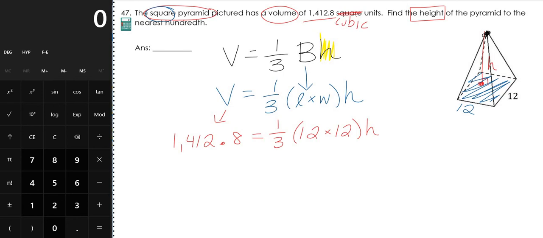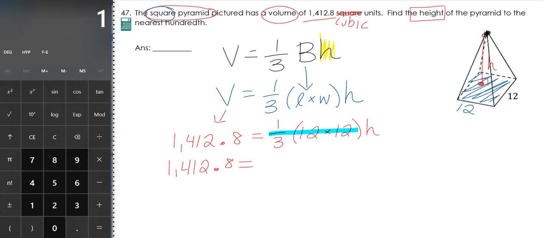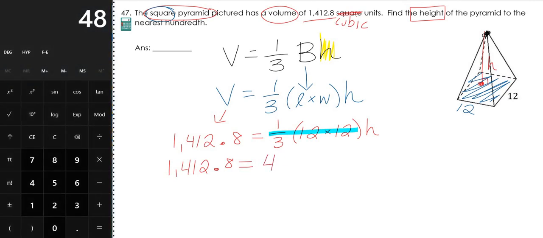So let's simplify this a little bit further. Let's go ahead and multiply all of this on the right hand side. So I'm going to bring down the 1,412.8. And now let's multiply. 12 times 12 divided by 3 equals 48H. Last step, let's divide both sides by 48.